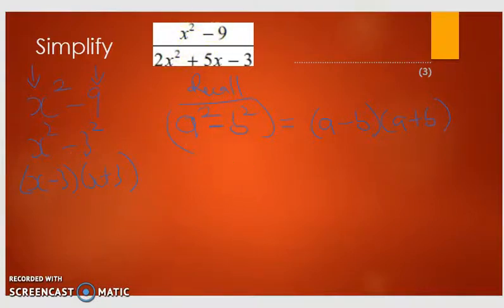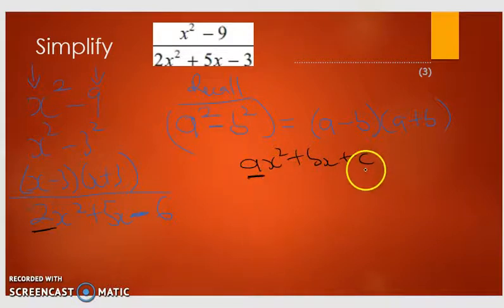Now consider the denominator of 2x squared plus 5x minus 3. Comparing that to your general quadratic, ax squared plus bx plus c, your a times c, so 2 times negative 3, will give us negative 6.